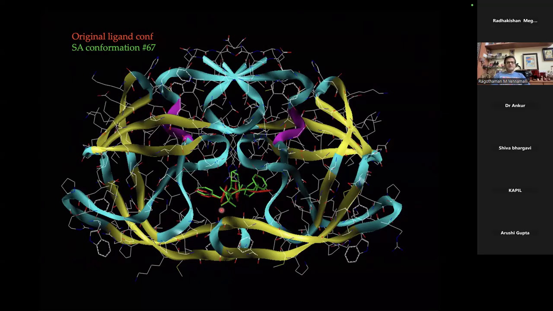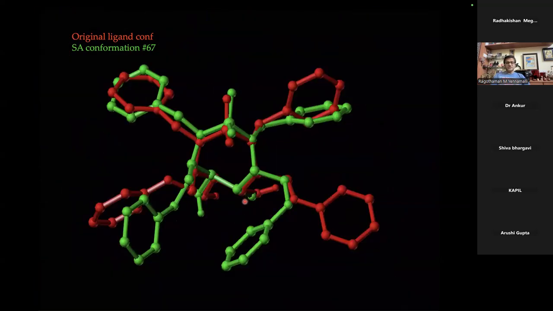So let's say 30 out of 50. That means your statistical significance, or the probability of the molecule binding in this particular orientation, in this particular position, is pretty high. And then if you have a comparison, you can see how close it is to the known molecule, and then you can calculate the RMSD between them.